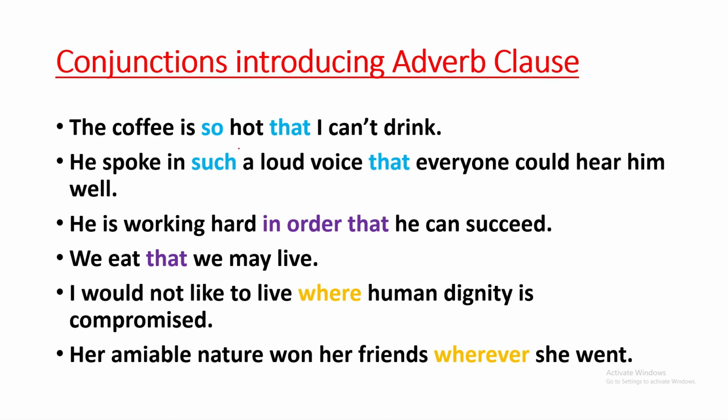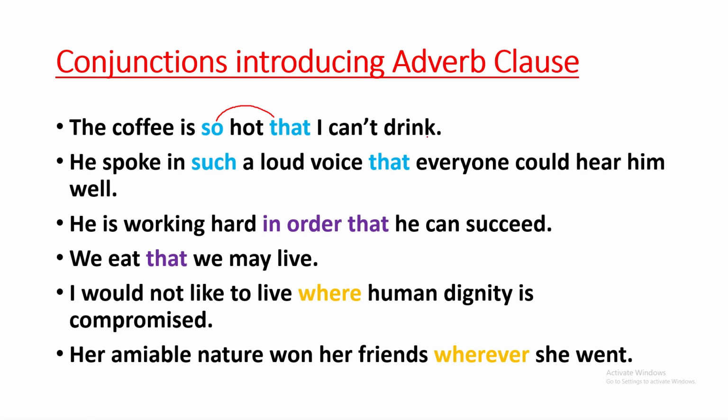The coffee is so hot that I cannot drink. Okay. Here the subordinating conjunction is so that. It is used separately. So is used in the independent clause and that is used at the beginning of the subordinate clause. The coffee is so hot. It is the situation. And what is the result?